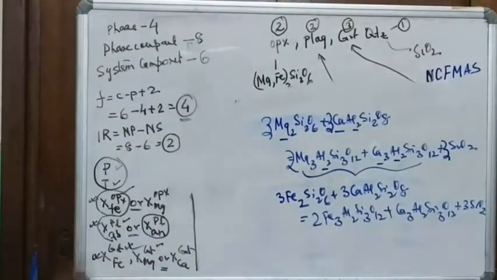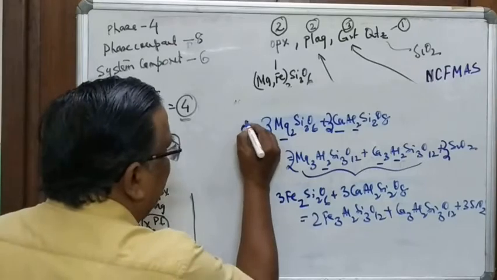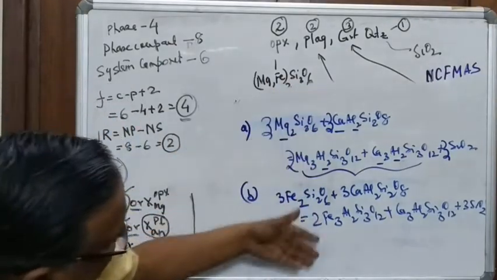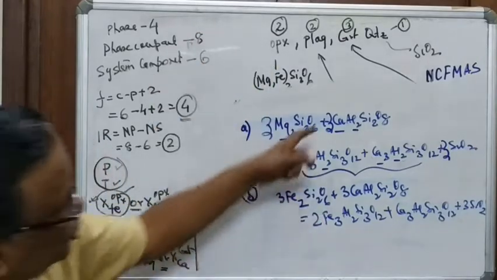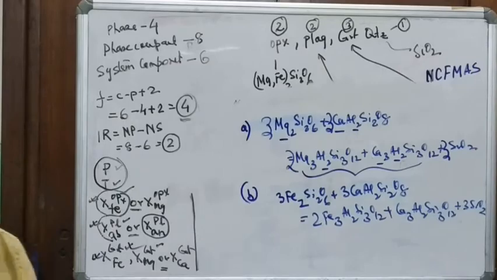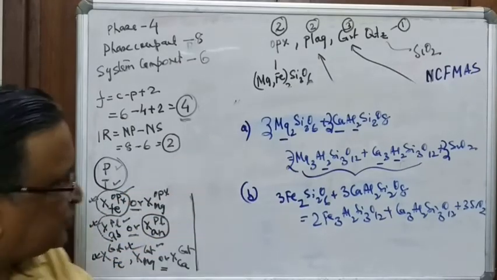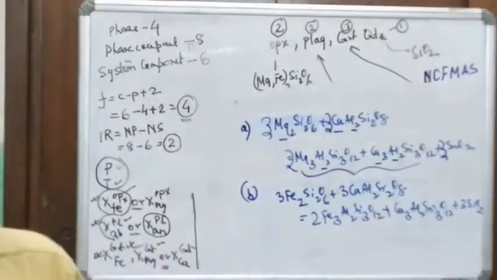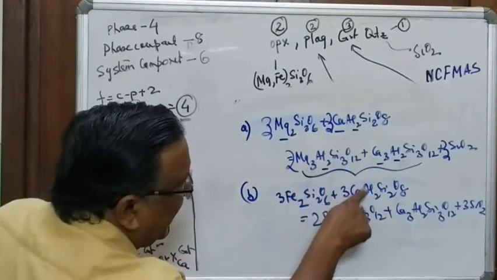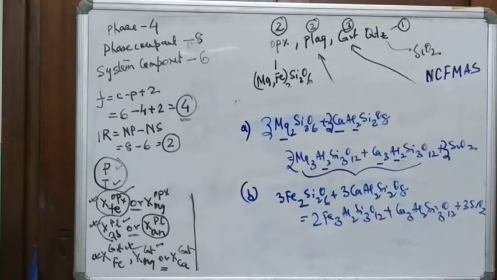Right? But there are other reactions that are possible. Say, for example, if this reaction is A and this reaction is B, and I algebraically add it to remove, say, anorthite. You see, I write A minus B. If I do this, then you will see this and this will cancel off.